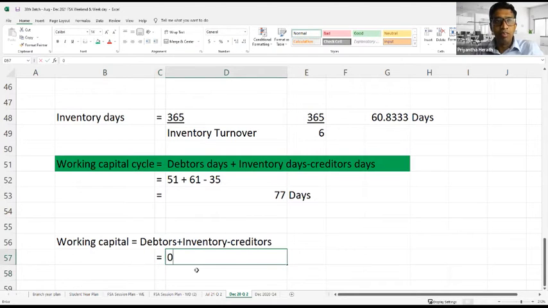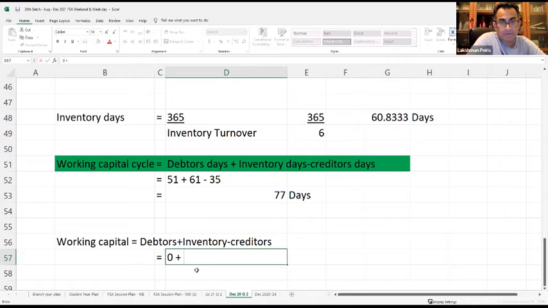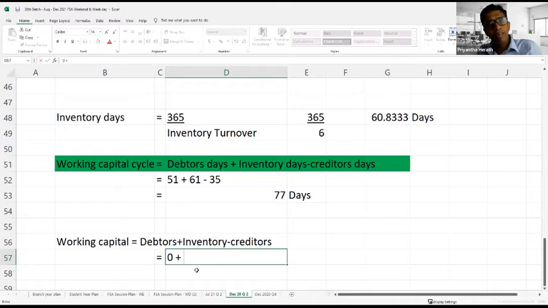So this is 0 plus inventory value. How many days roughly do they maintain inventory? Seven to ten days maximum. Let's say 14 days, two weeks. 14 days, not months. And creditors in days, how many days do they get credit from suppliers?